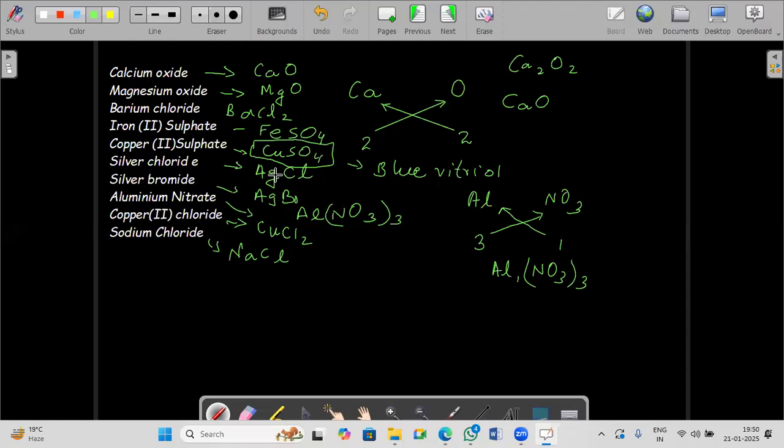So I hope today we have understood this concept of valence electron and valency. We have also understood the anions and cations, and how to form their formulas. The cation part in the formula is written first, and the anion part is written later.